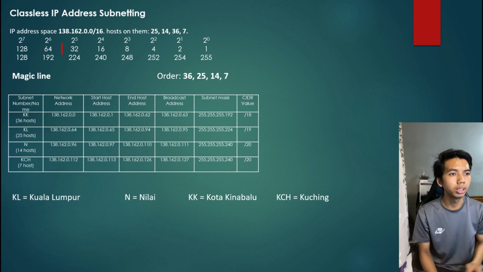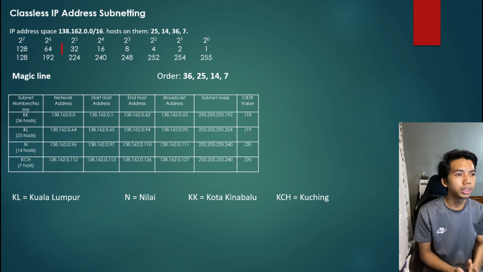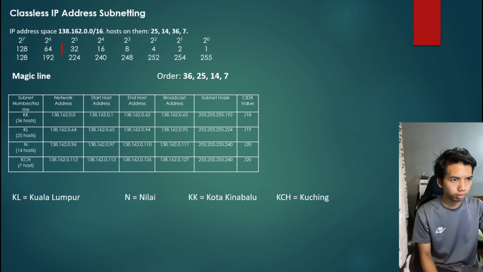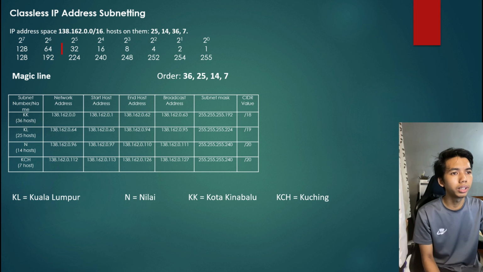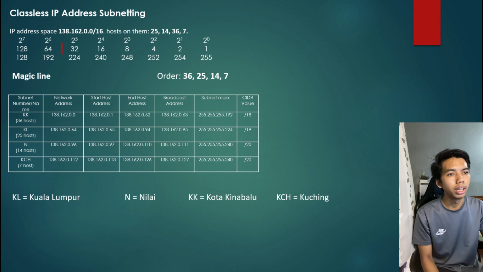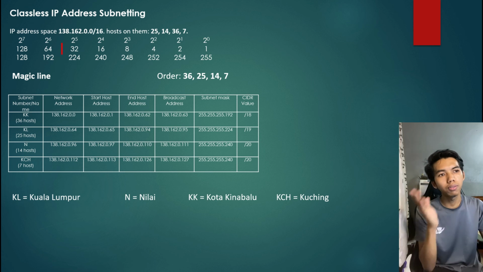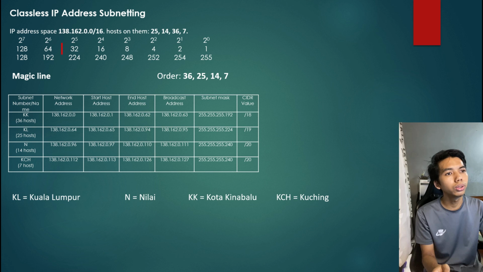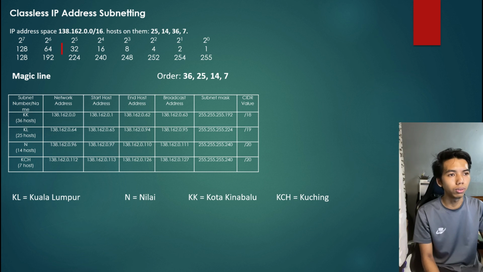So how do we get the end host address and broadcast address? First, we must find the network address for Kuala Lumpur. We use the Kota Kinabalu hosts, which is 36 plus 2, so it becomes 38. Then we look at the left one, so it will be 64. So the network address is 138.162.0.64.